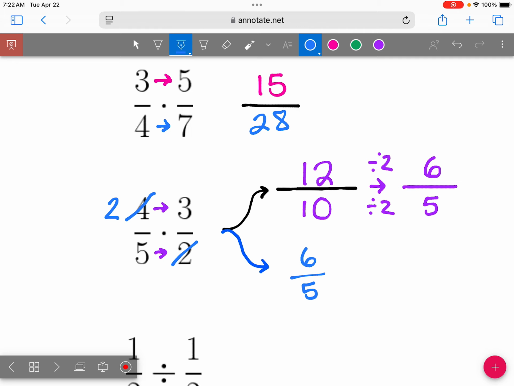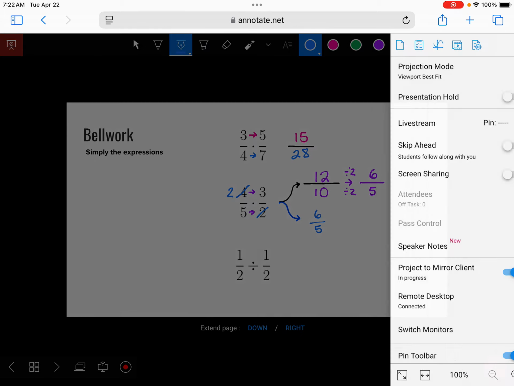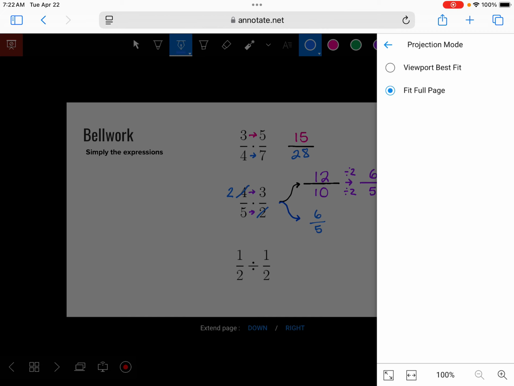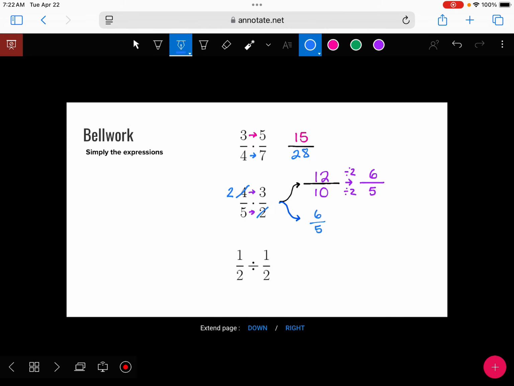Either way is fine. Ooh, I didn't realize I was zooming in on my days here. Either way is fine how you go about this. We want to be able to get to that simplified version. So whether you multiply everything out fully and then simplify, or simplify as you go, that's totally cool.